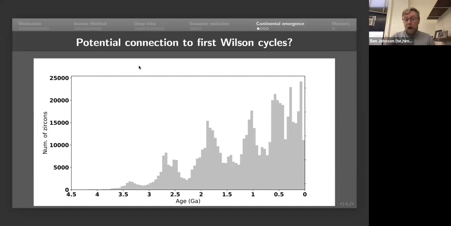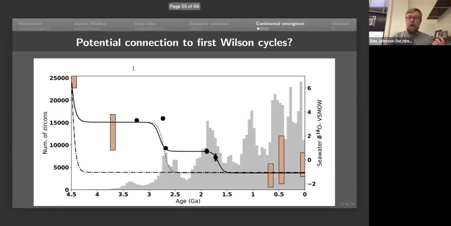But we see these pulses in detrital zircon ages happening about 2.7 billion years ago, maybe 1.8 billion years ago. If we put our data and our seawater curve over this detrital zircon record, the timing of the drops in steady state values of the δ18O value of seawater coincides, at least temporally, with the timing of these zircon ages.